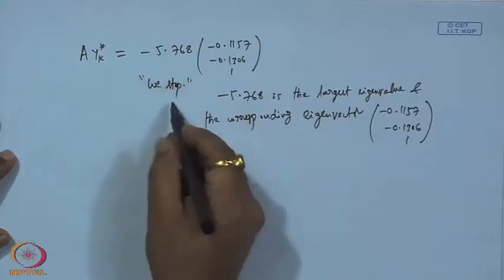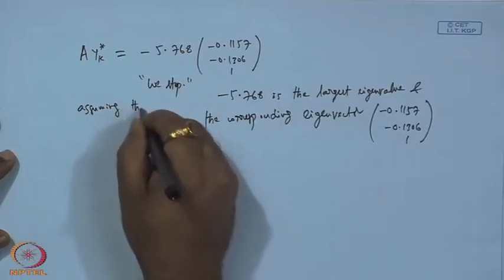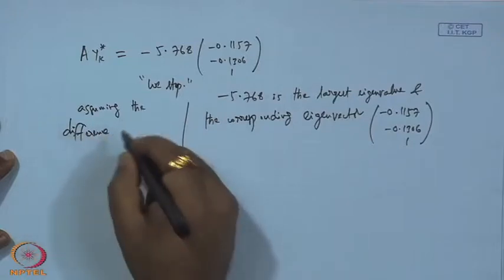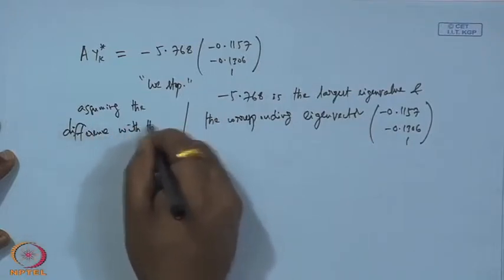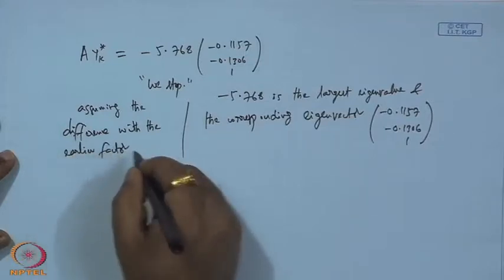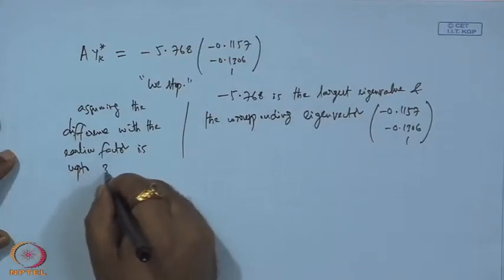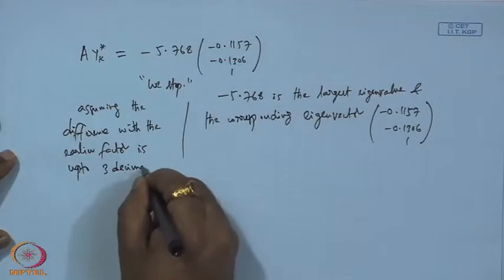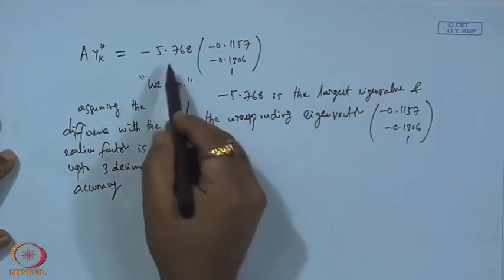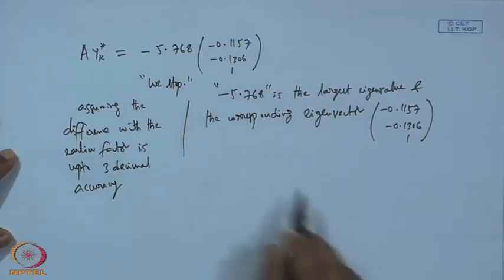When I say we stop, assuming the difference with the earlier vector is up to 3 decimal accuracy. You can compute and check it. So, we declare this is the eigenvalue, right.